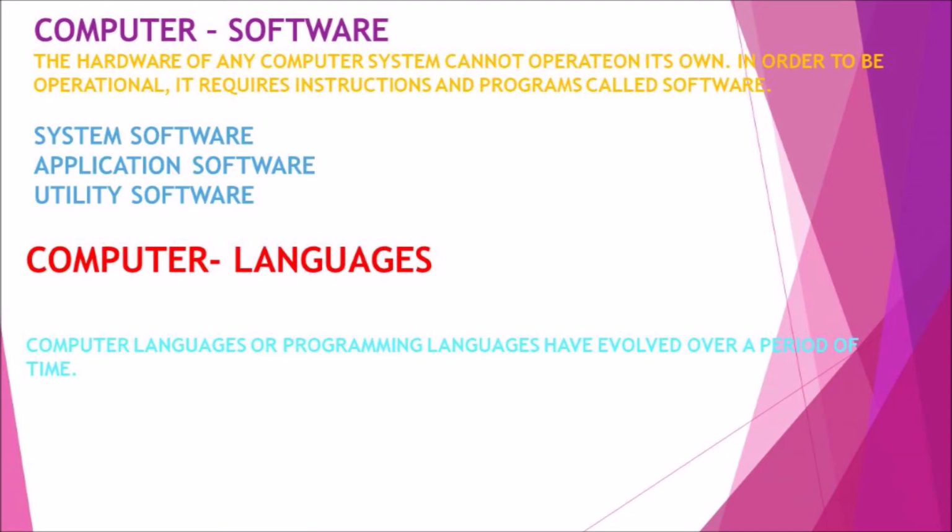The first one is system software. System software is designed to run the computer hardware, and it acts as an interface. It helps the hardware and the user application to work, combining both hardware and the user application.